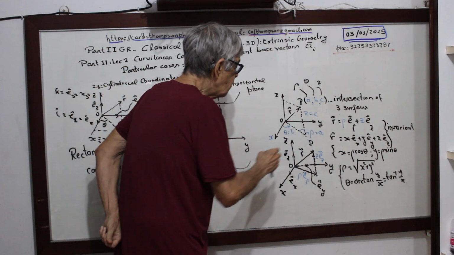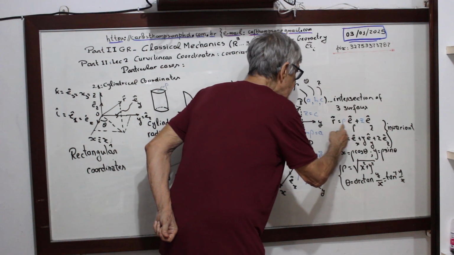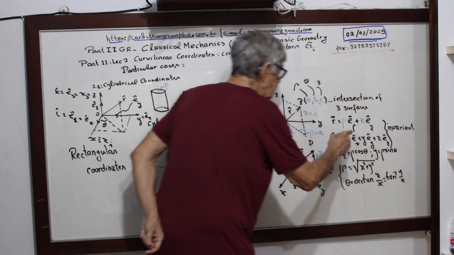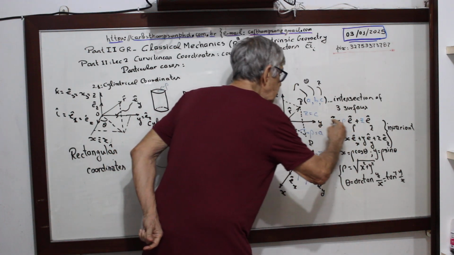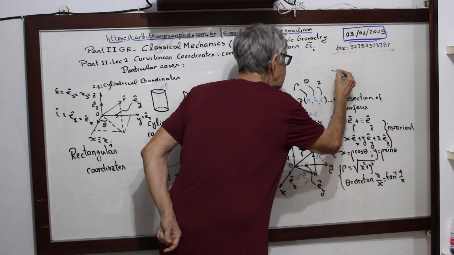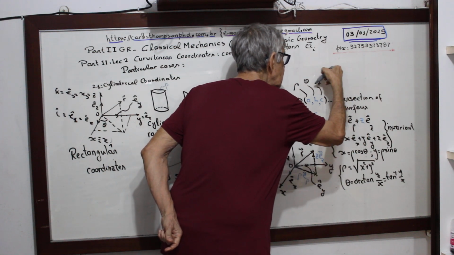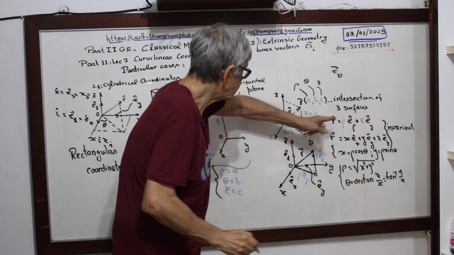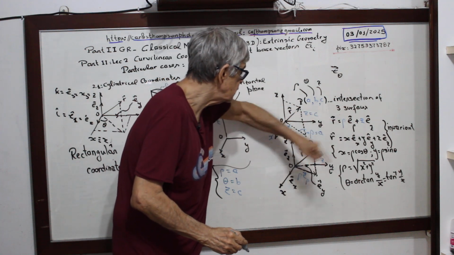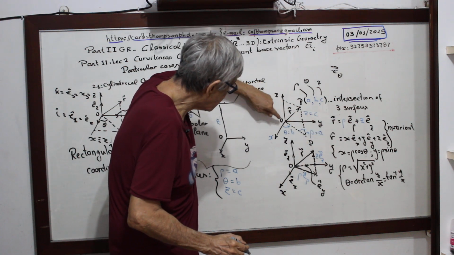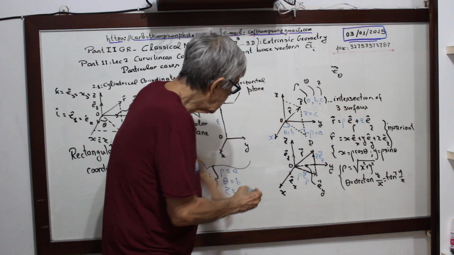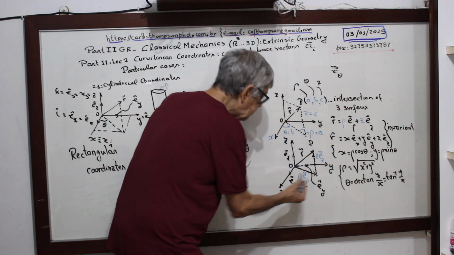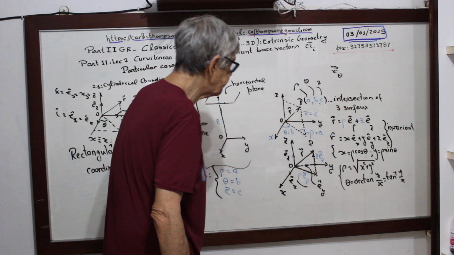The position vector R is rho E rho plus z E z. You don't see here the unit vector for theta, but you should write this just as a vector sum of rho E rho plus z E z.